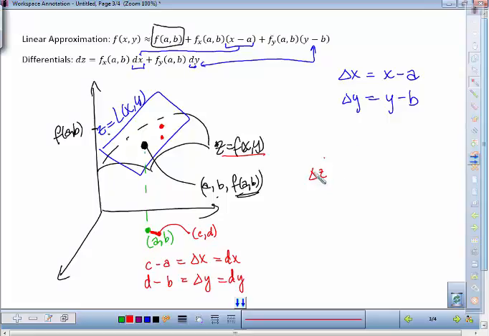Well, let's put it this way: the dz is the change.